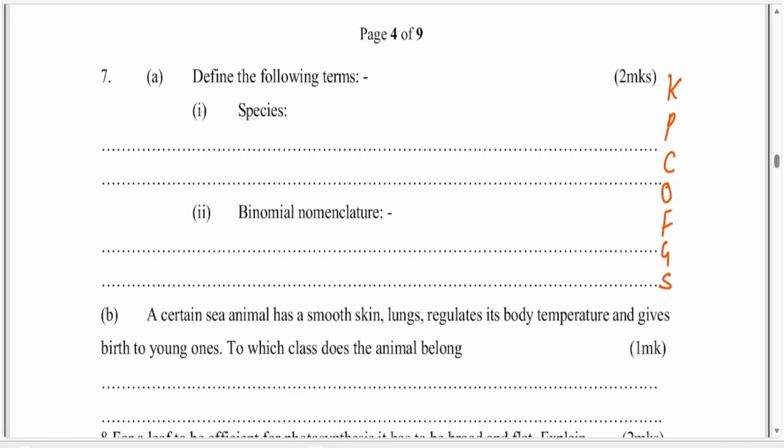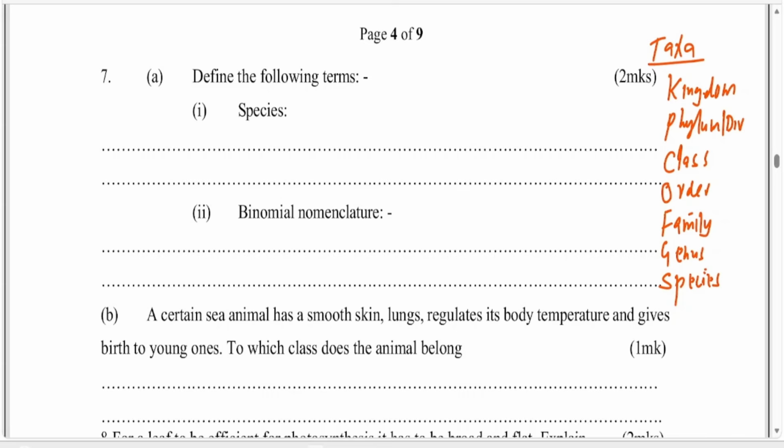And we have kingdom as the first taxonomic unit. Then we have the phylum in animals and division in plants. Then we have the class. Then we have order. Then we have family. Then we have genus. And we have what we are talking about right now, it is species.